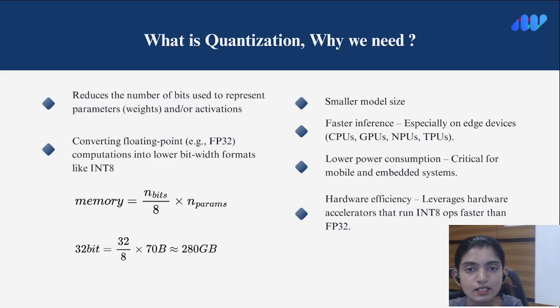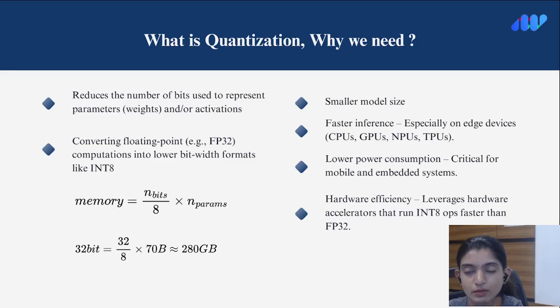For example, if we have 7 billion parameters in a deep learning model, it will take around 280 gigabytes in memory, which reduces the speed on the edge. By quantizing the model, it offers a smaller model size, which in turn runs faster on the edge, typically on CPUs, GPUs and NPUs.